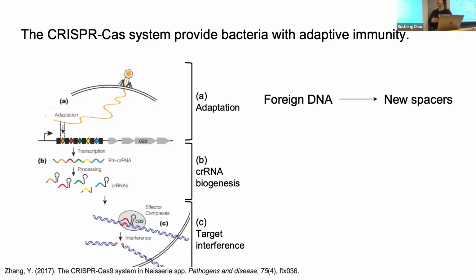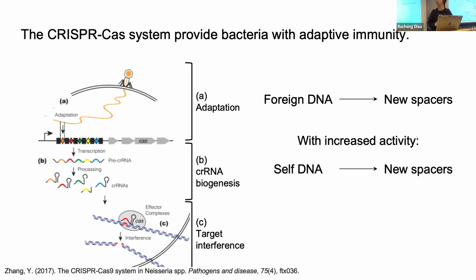As we can see here, that new spacer is really a very basic part of this process, because that's where the memory comes from and where this immunity is going to work on. And if we tune up the activity of the CRISPR-Cas system in the bacteria, it is possible that it takes up self-DNA as new spacers, because that's probably the most abundant DNA lying around, inside the bacteria's own genome.